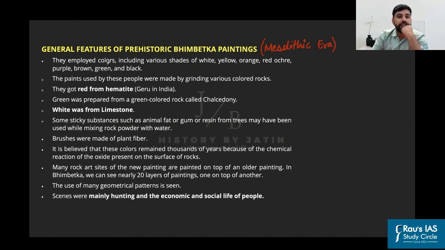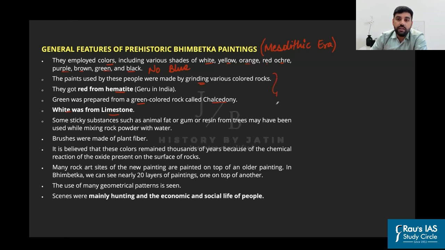They employed many colors, including white, yellow, orange, red, ochre, purple, brown, green, black, but no blue. They used grinding of various rocks. Hematite brought the geru color, that is red and orange. Then they have green color from chalcedony. White comes from limestone.